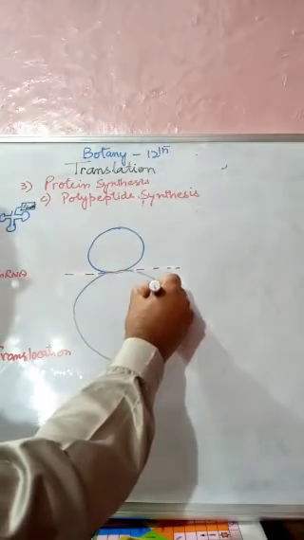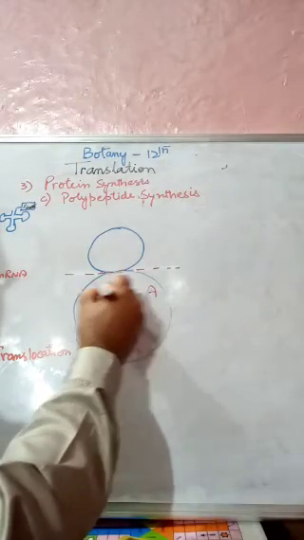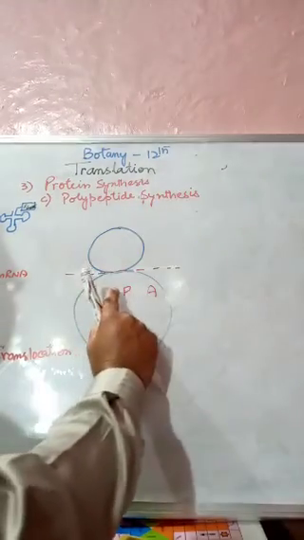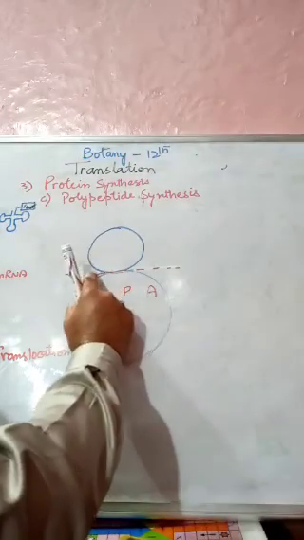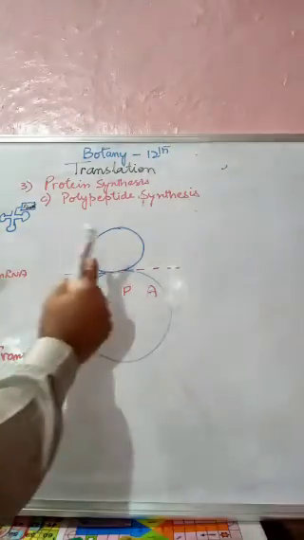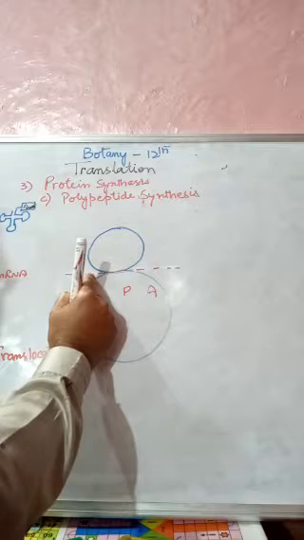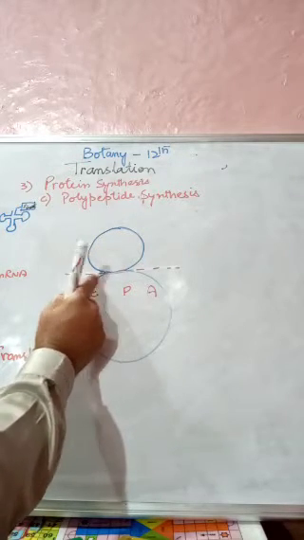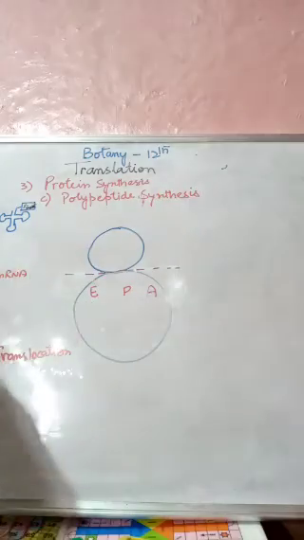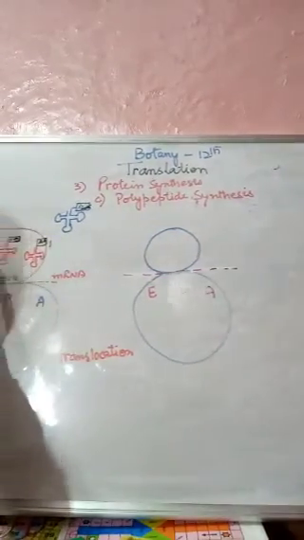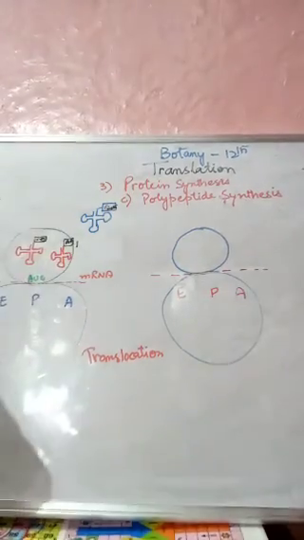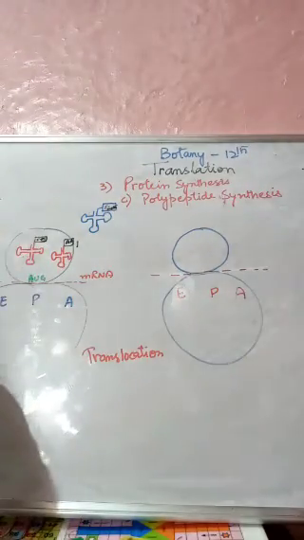This is the code A, this is B, and this is E. Now what we will see is that the code which was first here has now come here, at this exit. Since we know E is the site for exit, the tRNA which has the F-Met has to exit.